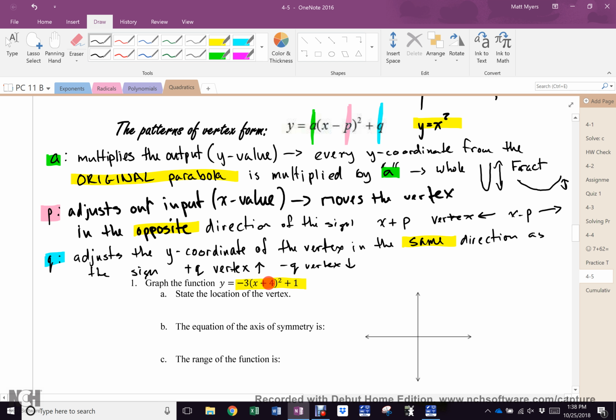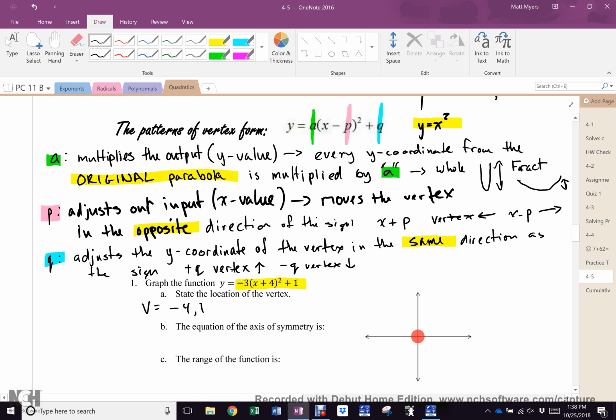So what is my P value right there? 4. So my vertex is at negative 4. My Q value moves the vertex in the same direction of the sign. My Q value is positive 1, yes? So what then is my Y value of my vertex? Positive 1. So my vertex equals negative 4, 1.